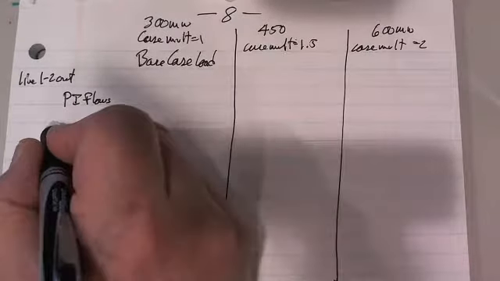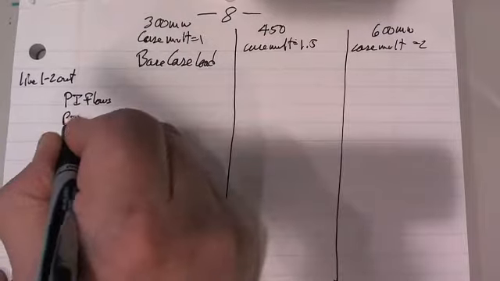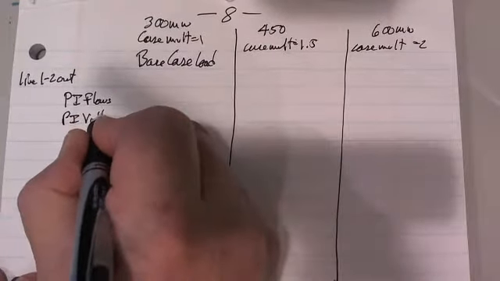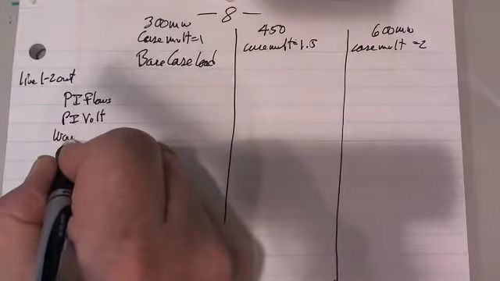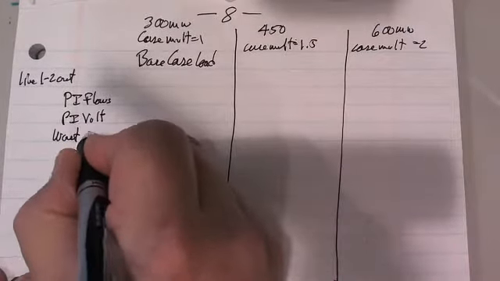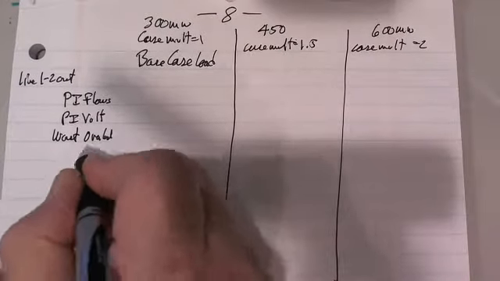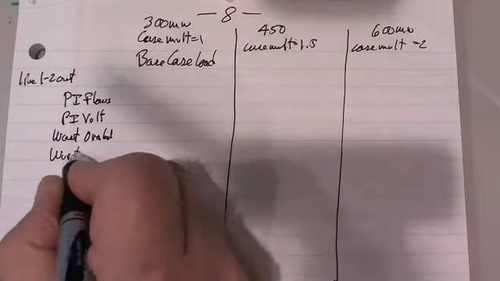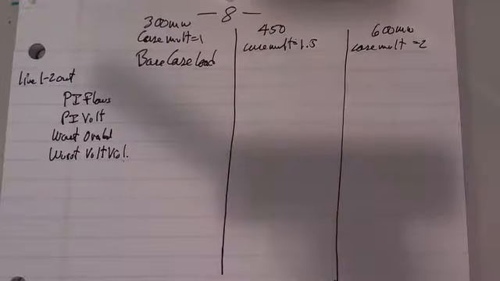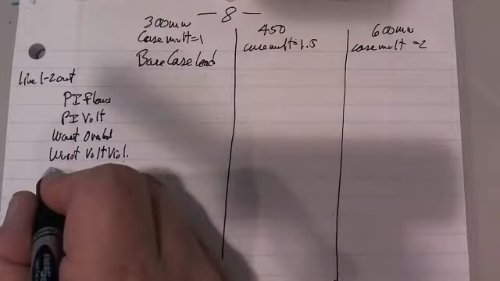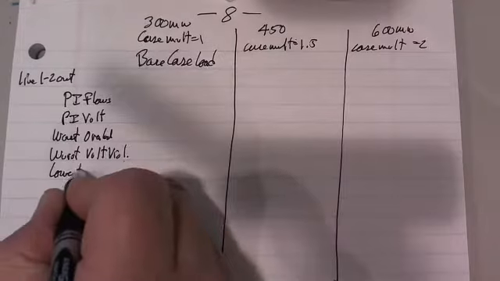So there's PI flows, there's PI voltage, there's the worst overload, there's the worst voltage violation. Now, if a voltage doesn't go outside its limit, then I don't consider that to be a violation, if it just moves between limits. And I'm going to show you the lowest voltage.